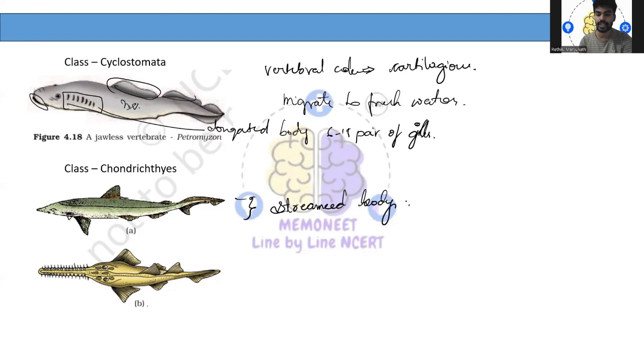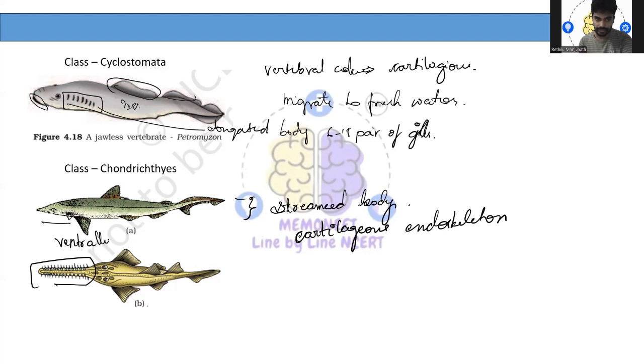This is one point. And they have a cartilaginous endoskeleton. The mouth, as you can see, is located ventrally. The mouth region is located ventrally.